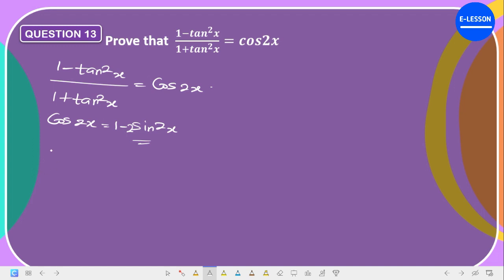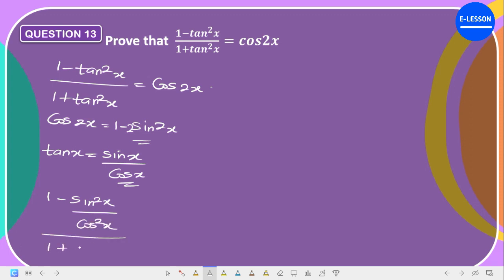Now, note that from trigonometry identity, tan x is the same thing as sine x all over cos x. So wherever we see tan x, we put sine x over cos x. And this gives us 1 minus, in place of tan square x, we put sine square x all over cos square x, divided by 1 plus what? Sine square x all over cos square x.